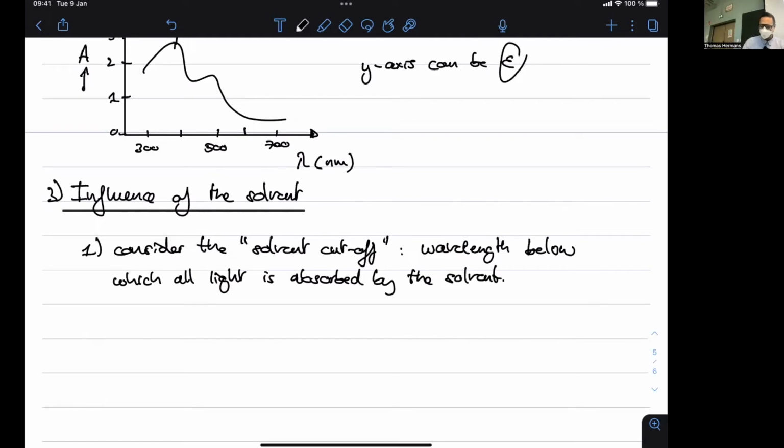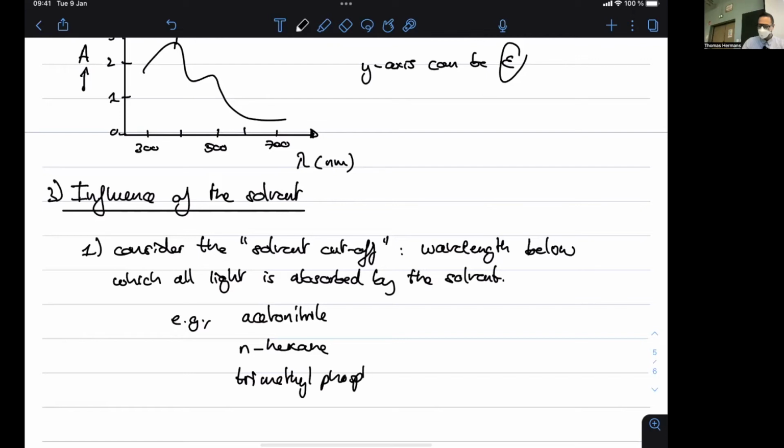Okay, so for example, acetonitrile, some solvents, n-hexane, or trimethyl phosphate. The cutoff will be 190, 201, or 210 nanometers.